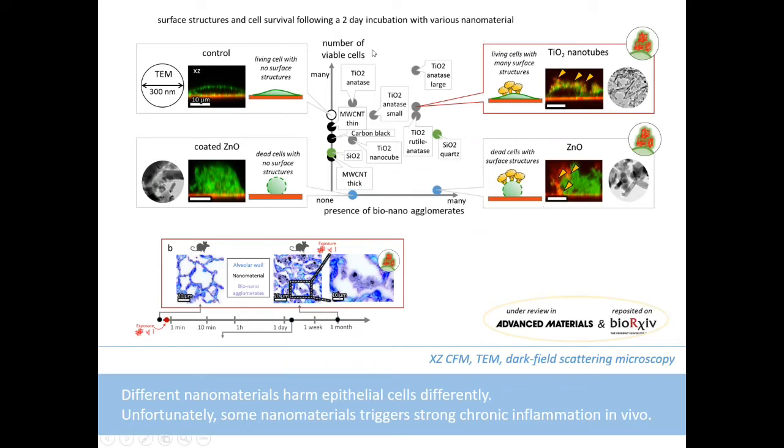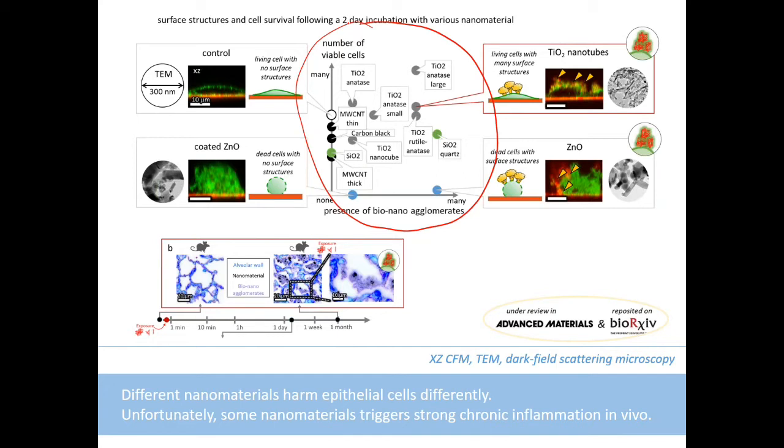So here in this phase diagram, in the center of that slide, on the x-axis is the presence of these composites, agglomerates, however you call them, and on the y-axis you see the survival, the number of viable cells.